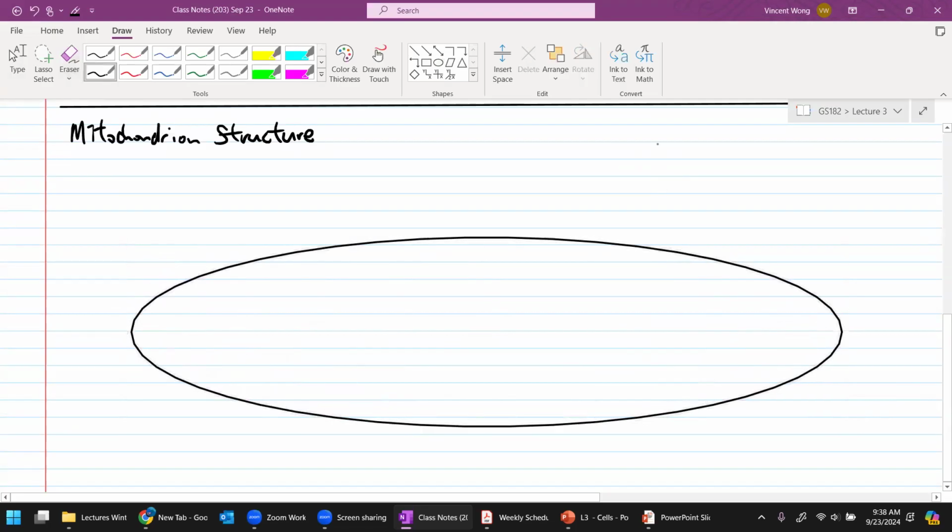They are oval-shaped, kind of like a jelly bean. And we call this the outer membrane. The outer membrane.